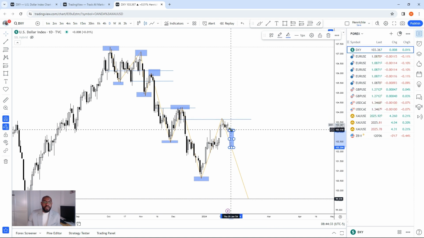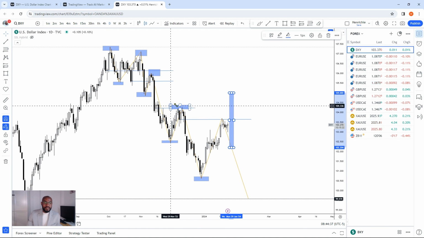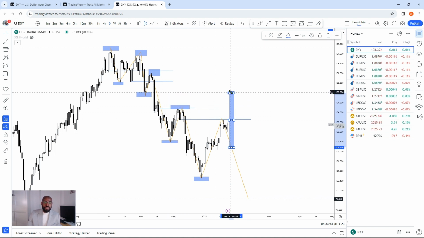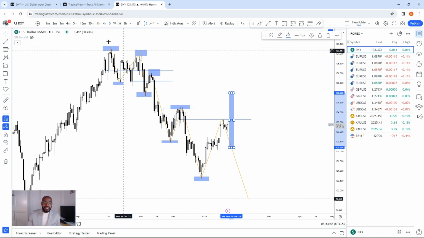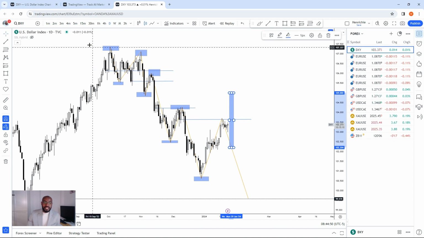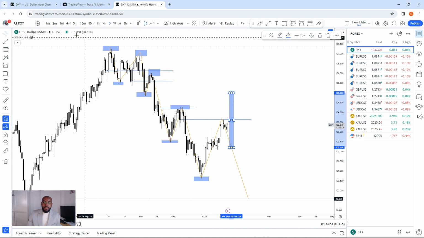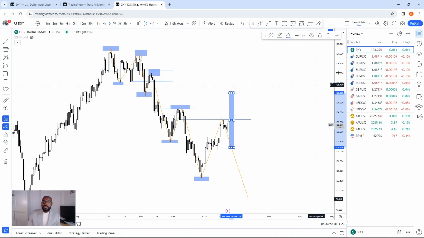But if we close above this high, if for any reason we break above this high, close above it, showing a lot of momentum that we want to continue going to the upside, then it means that these buy side liquidities, price could now start hunting for them, and then could potentially start running above this high. So that is what I'm watching on the dollar, what I'm watching on Euro US dollar as well.